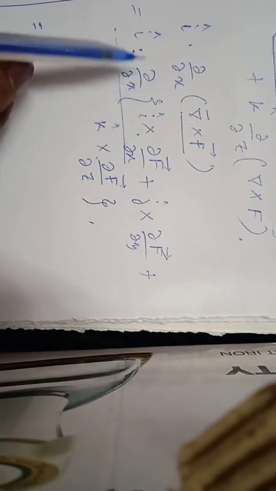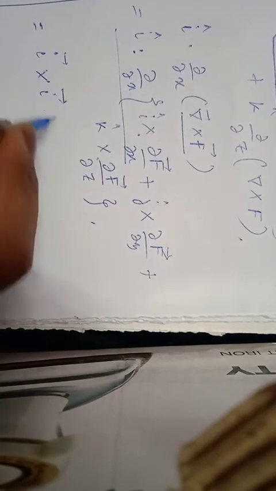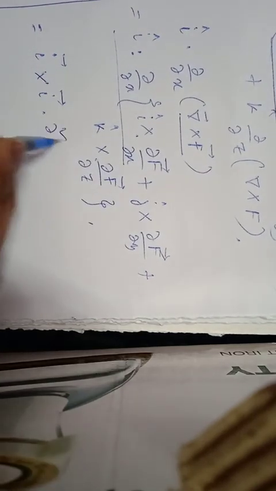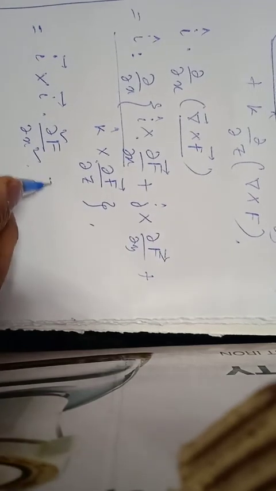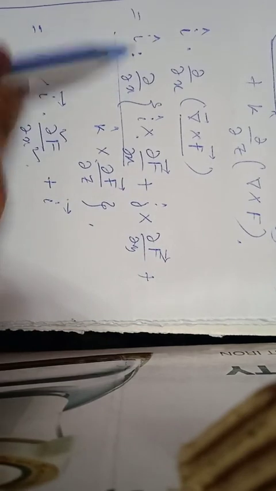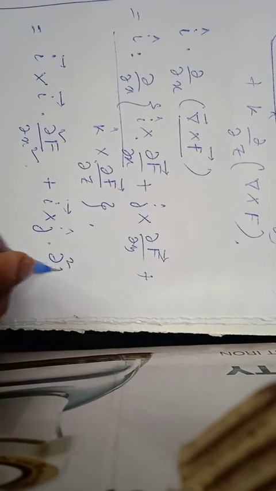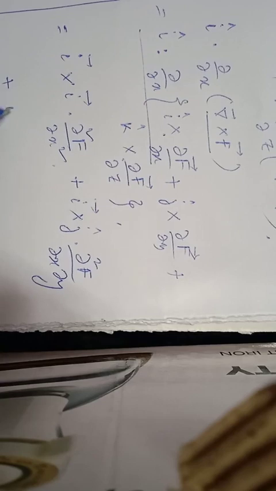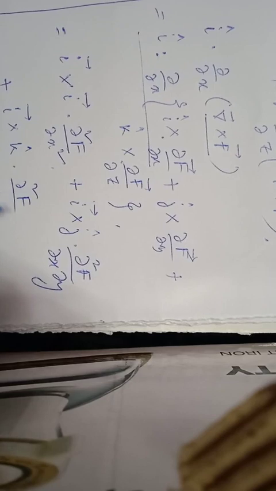So we interchange it, and we get i cross i dot del²f/del x², plus i cross j dot del²f/del x del y, plus i cross k dot del²f/del x del z.